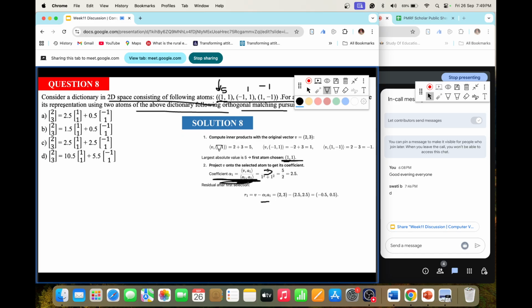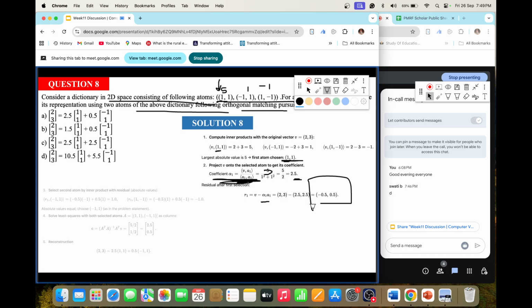Not the magnitude, because magnitude is with a root, but the dot product of the same basis vector with itself. By that your coefficient is 2.5. Once you have this, you can write V minus A1 alpha 1. This is your residue.